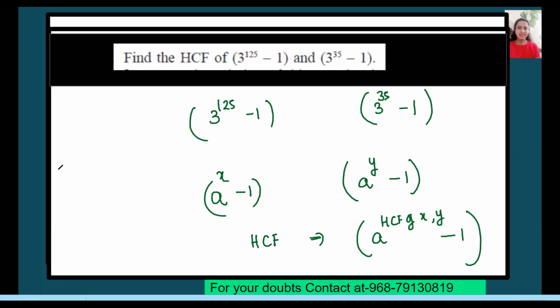A very important concept that has been appearing now in Olympiad exams, questions like this. So 3, SCF of 125 and 35 is what? 5. So this will be our answer.